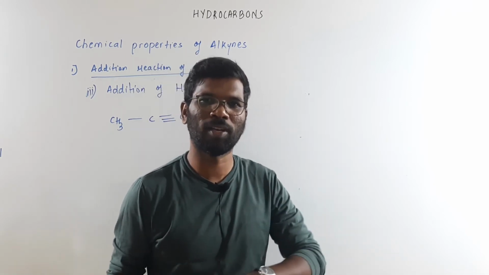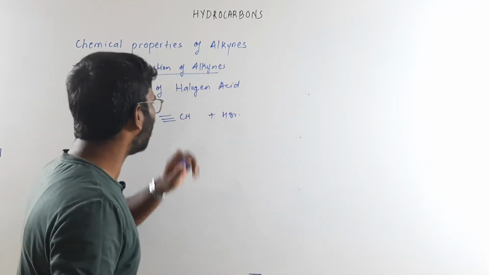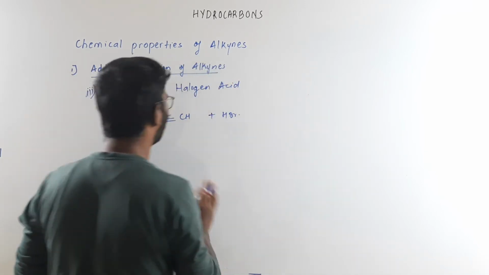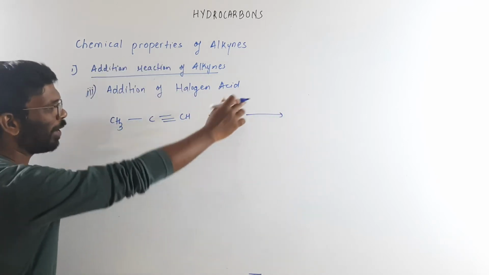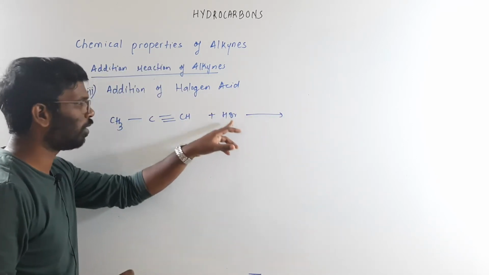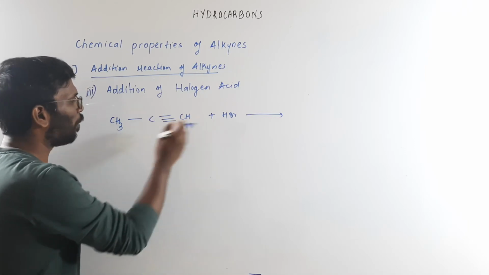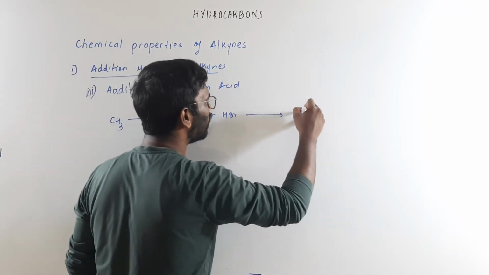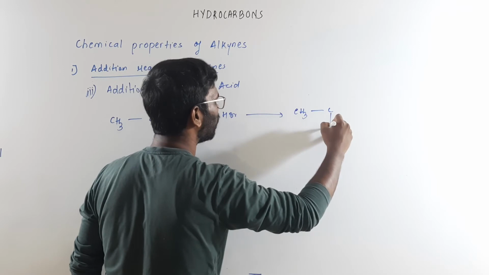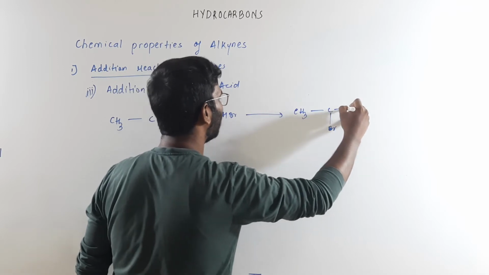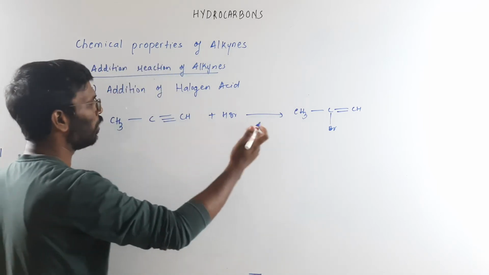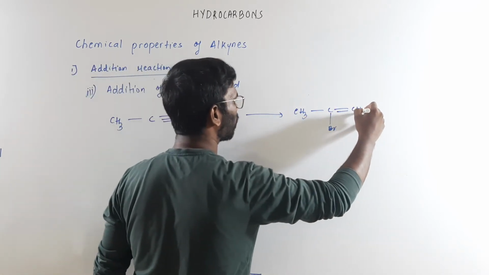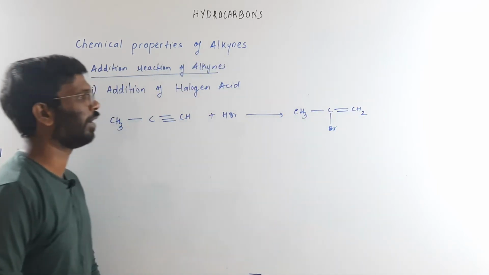A similar type of rule we can think of, and here the mechanism will be a bit different, but what we will get is this product. Br minus is the negative part of the adding species. It will go to the carbon which has fewer hydrogens. So this is CH3CBr, and a double bond is going to form from the triple, so this is CH2, meaning one more hydrogen is going to add over here.